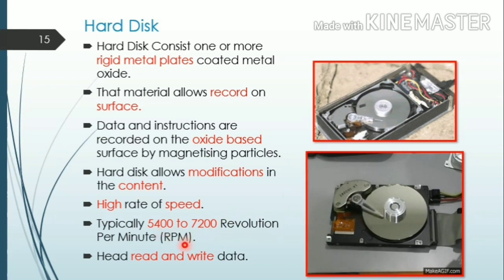It is RPM, revolutions per minute, a term you may know from science lessons on motion, like car wheels and speed. So it revolves 5400 to 7200 times in one minute. The head reads and writes data, and keeps writing data on the platters.